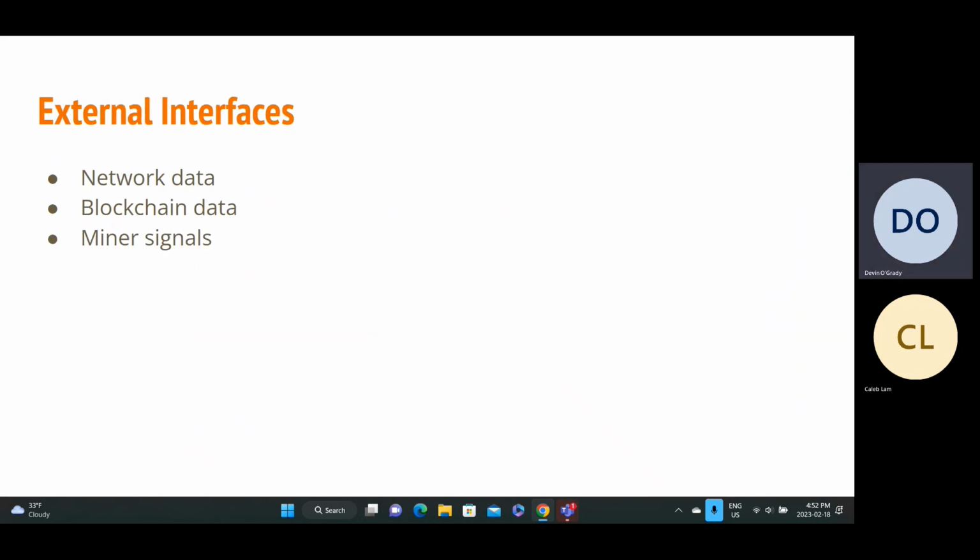The external interfaces and data and files that are shared around and sent around with the system. There's the network data, which holds all the IP addresses of the peers and the list of which peers are welcome and which ones are not. There's blockchain data, such as the data that is in the mempool before it is verified to be in the blockchain, as well as the state of the blockchain and the parent and child blocks.